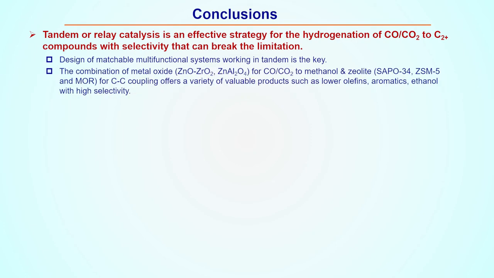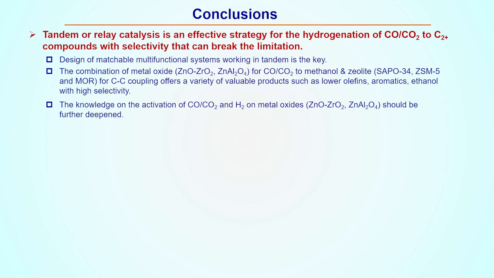The combination of metal oxides such as zinc zirconium oxide and zinc aluminate for CO and CO2 to methanol, and zeolites such as SAPO-34, ZSM-5, and MOR for CC coupling offers a variety of valuable products such as lower olefins, aromatics, and ethanol with high selectivity. The knowledge on the activation of CO, CO2, and hydrogen on metal oxides should be further deepened in the future.